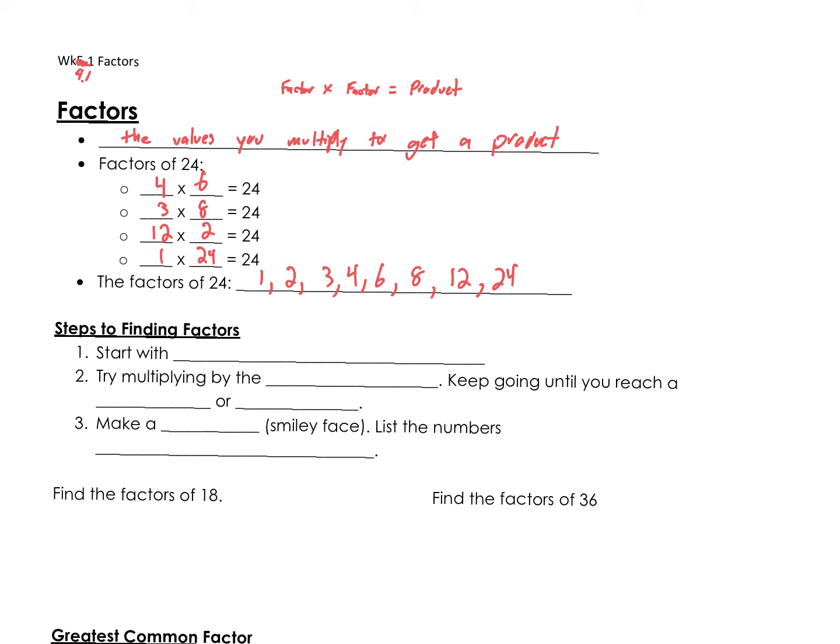Okay, so let's talk about the steps to find factors, so it's not just willy-nilly like that all the time. So we always start with 1. Then we try multiplying by the next number.